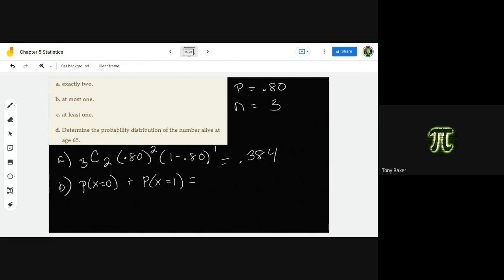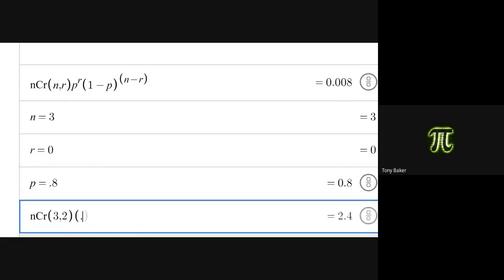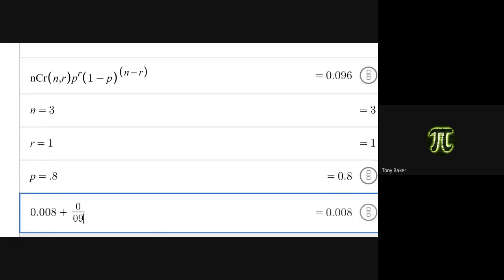If we go back to Desmos, I want the probability of x equals 0, which is 0.008. So I can come down here and type in 0.008 plus, and I want 1, which is 0.096.